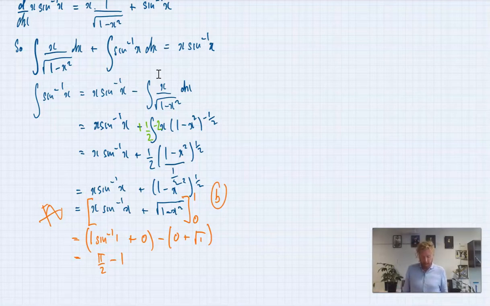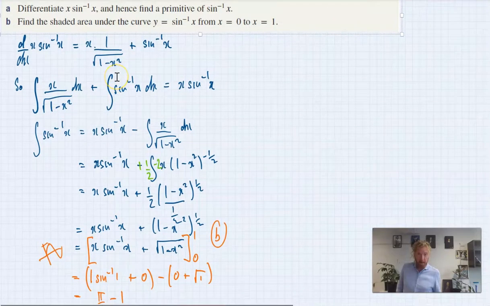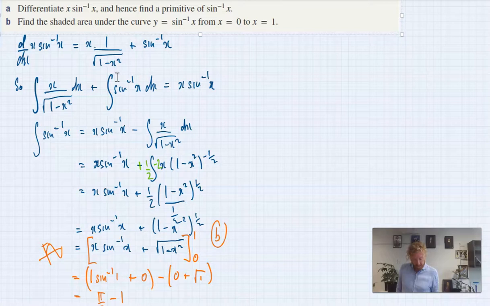Now, we're going to do it another way. I should have drawn this out before. I want to find the area under sine inverse x, which we know looks like, well, that's 1, and that is pi on 2. So it's asking me to find this area here.